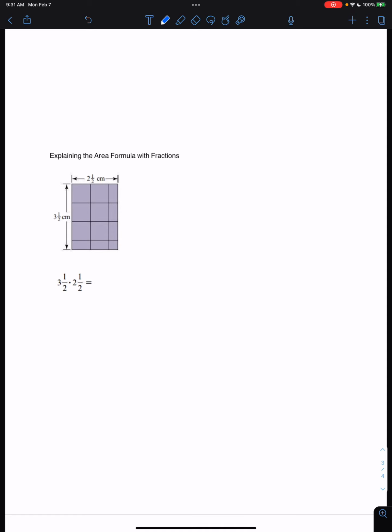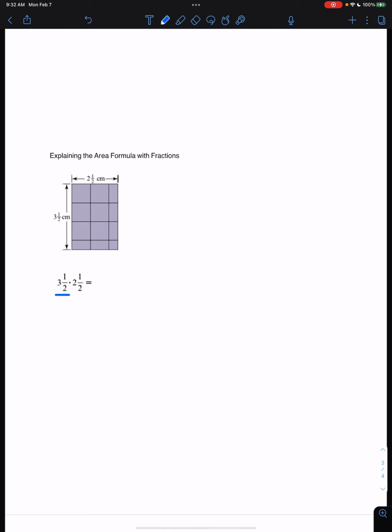It's a little bit more complicated and harder to visualize when we are dealing with fractions. So here we have the area of a rectangle, but instead of using integers, we have some mixed numbers here.